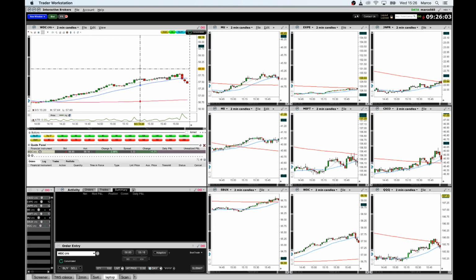On this chart, I might be able to short Cisco, but not sure. Microsoft maybe also a quick short, but I don't think we're high enough.